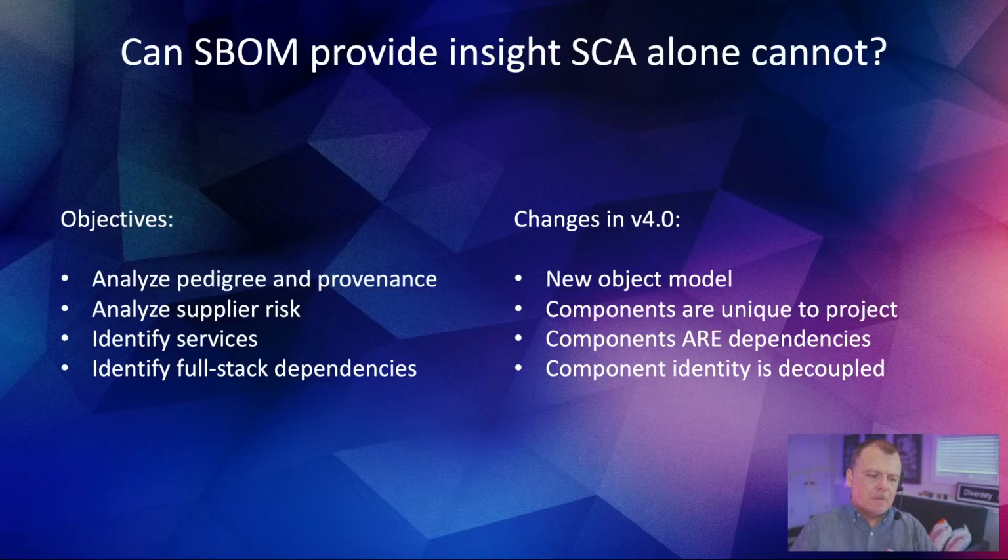But dependency relationships between software components, that's easy, right? I would love to do full stack dependency relationships. What I mean by that is this application, all these libraries and their dependency relationships.